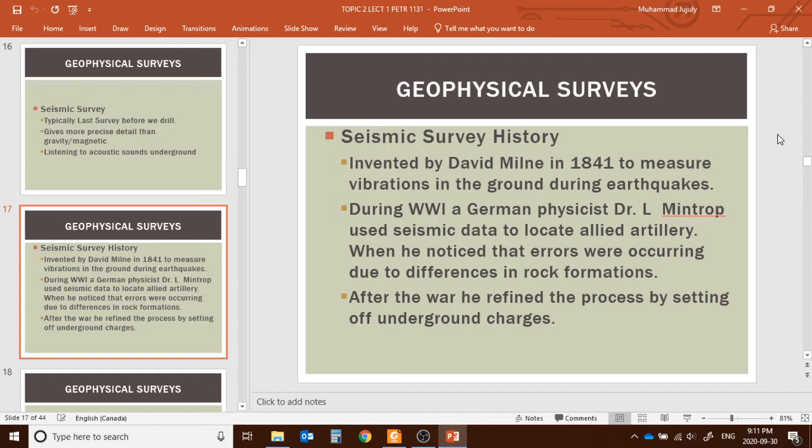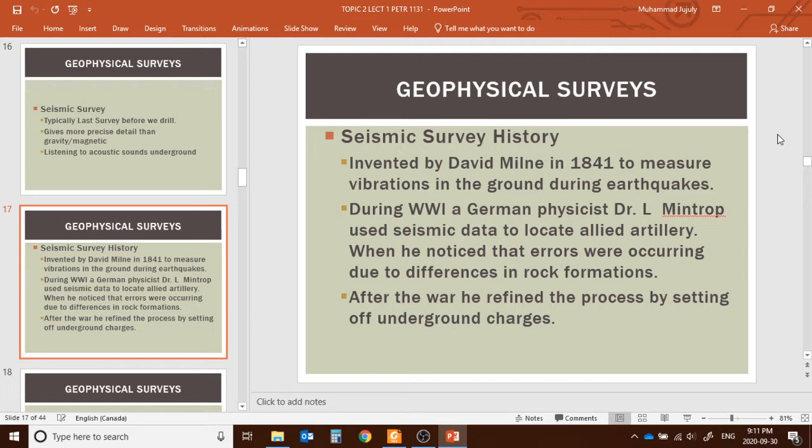Lots of great inventions were actually invented during wartime. Although we don't want war, it has given us a lot of inventions too, especially World War I and World War II. The first use was at wartime, but later on we adopted this technology and used it for peaceful purposes.